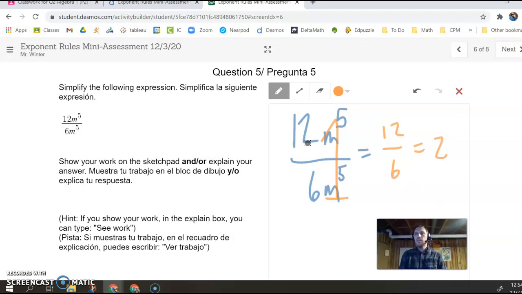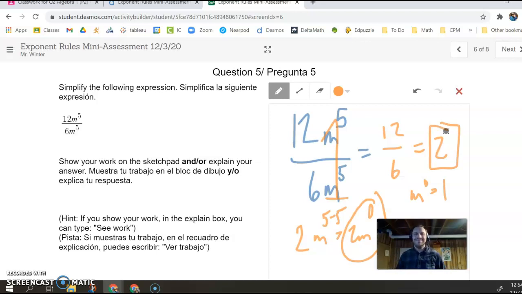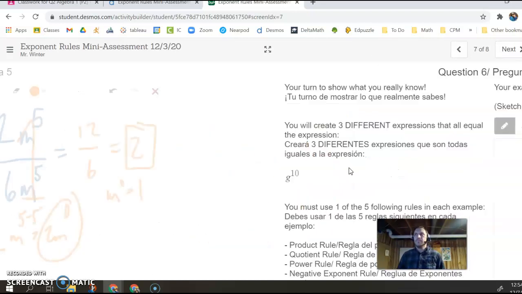If you didn't see that, you'd still divide 12 by 6, and you get 2. m to the 5th minus 5 is the same as saying 2 times m to the 0. Well, I accepted this as an answer. m to the 0 is 1, so we'd have 2 times 1, which just brings us right back to 2.